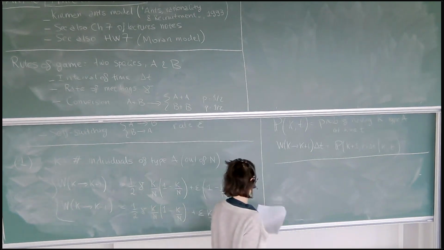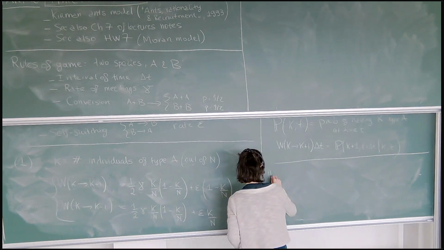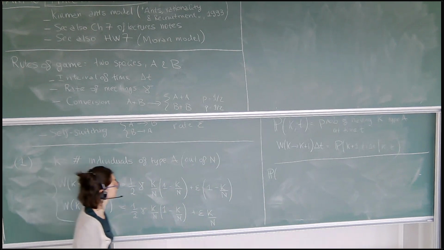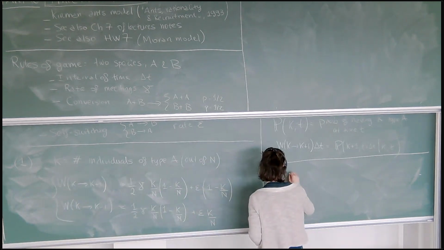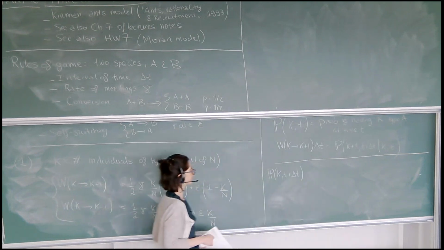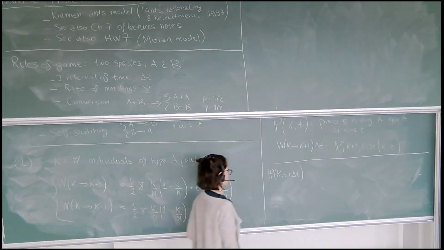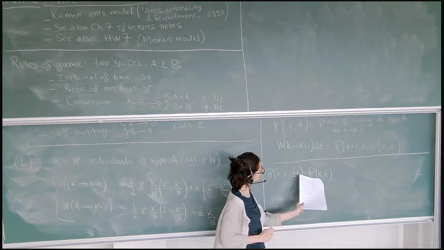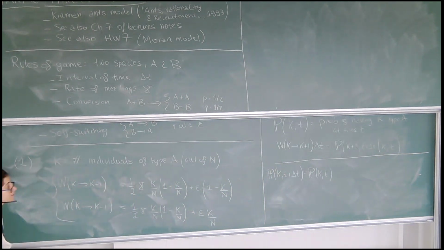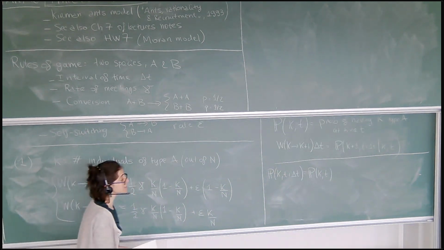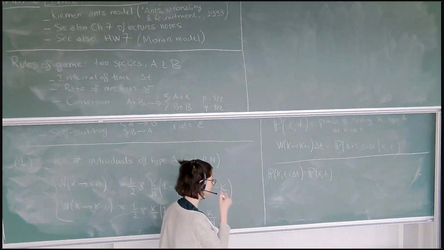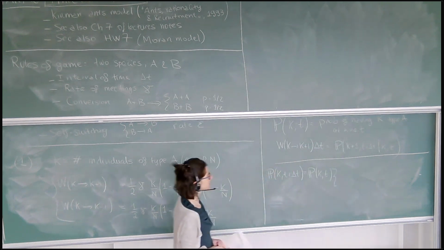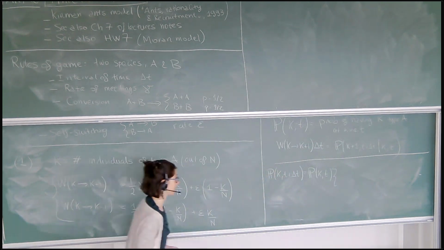Do I have space? I think so. So I ask, what is the probability that at time t plus delta t, I have k individuals. So this will be equal to the following. I have a certain probability that at the previous time I already have k individuals. And then I'm asking that nothing happens in the interval dt, so that the situation remains unchanged. And the probability that nothing happens is 1 minus the probability that something happens.